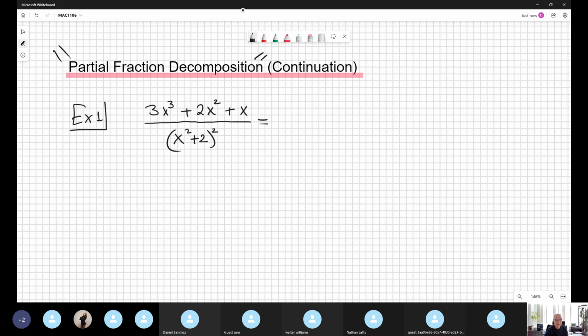This is the last case in which you have this factor that we have in the denominator is irreducible quadratic. How do you know that?